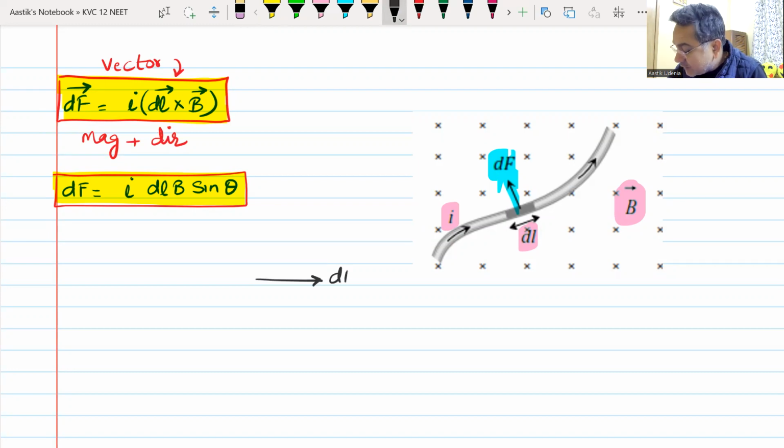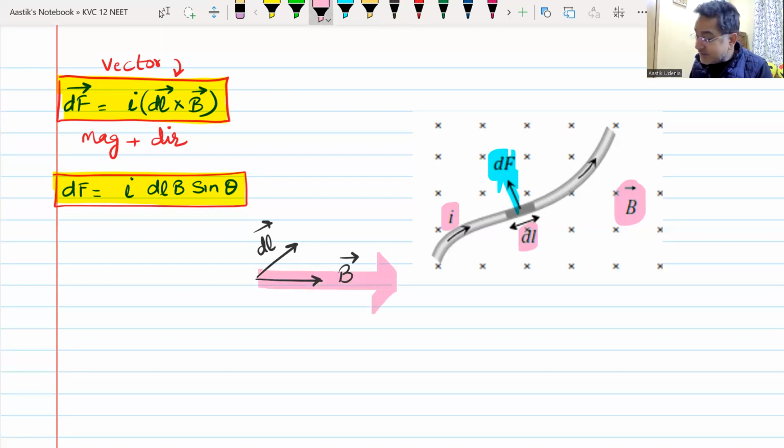If you have the magnetic field in this direction and the current carrying element dl in this direction, both are vectors, then the angle between the dl vector and the magnetic field is theta.